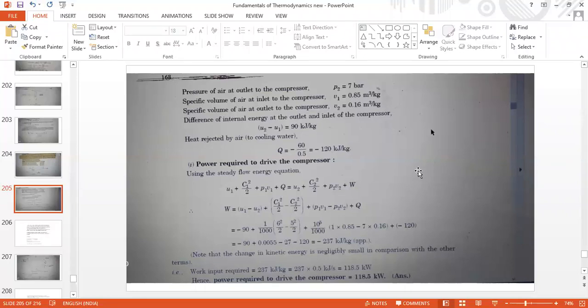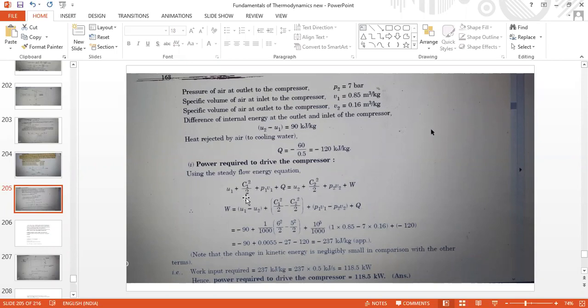What is U1 plus P1 V1 combinedly called? We write the steady flow energy equation sometimes in terms of H1, sometimes in terms of U1 plus P1 V1, and that depends on the problem given.